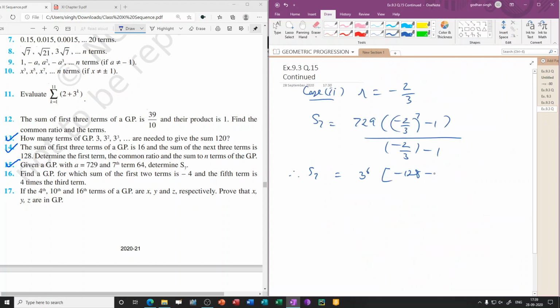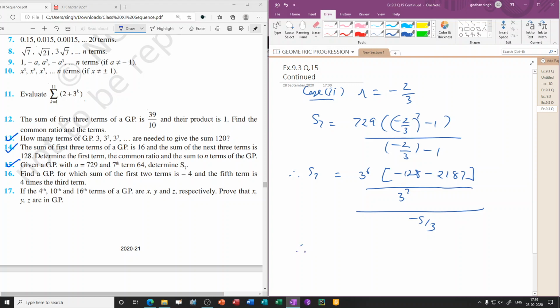So we'll replace this with 2187, and the whole divided by 3 raised to 7, and this is minus 2 minus 3, that is minus 5 by 3. So we do not keep minus in the denominator, so minus will take up, but already we are having there one more minus. Both terms are negative, so it will become positive, because we know that minus into minus is plus.